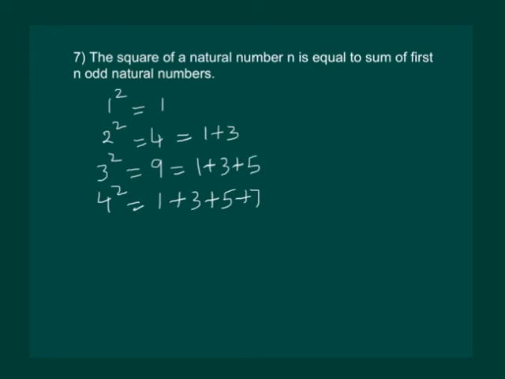That means we have 1 square equal to 1, that is the sum of first one odd natural number.